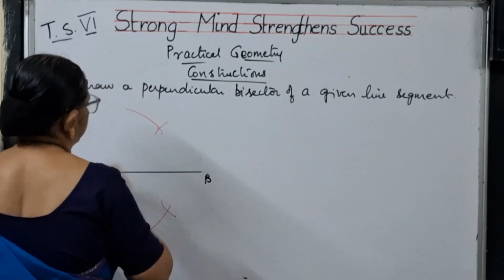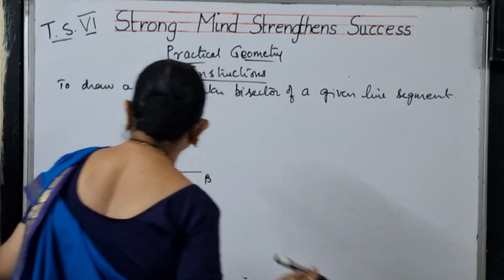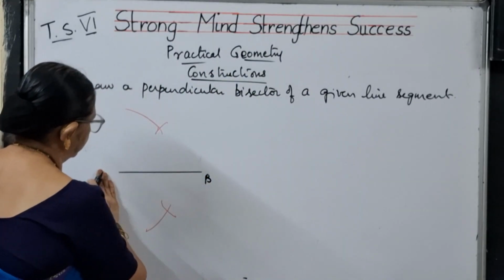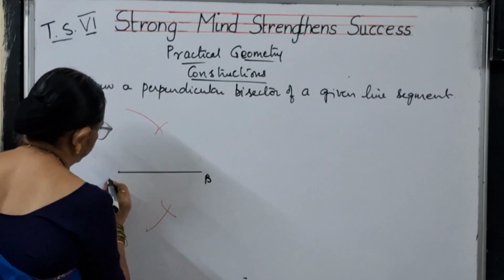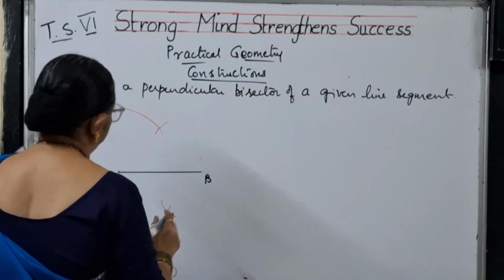See children, that is an arc, and after constructing the two arcs, this is A and B, you have to join these two.